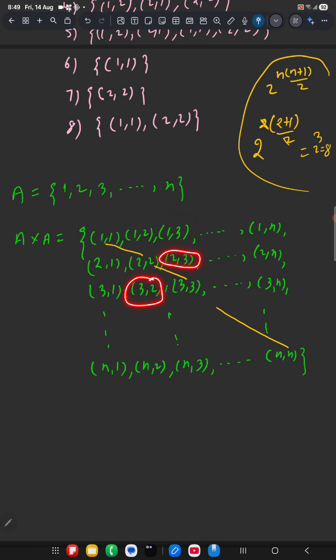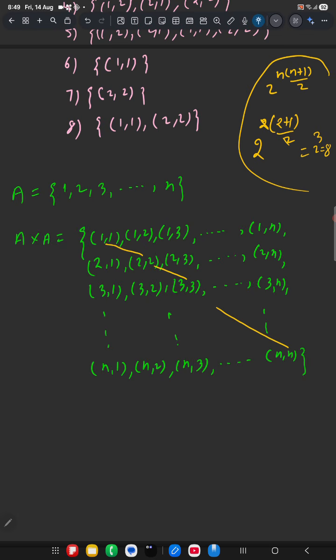Yes or no? 3 n, then there must be n 3. Agreed? It means for a symmetric relation, we need these types of pairs: 1 2 and 2 1, 1 3 and 3 1, 3 n and n 3 must be there in your set. So below the diagonal, all elements are reverses of the elements which are above the diagonal.